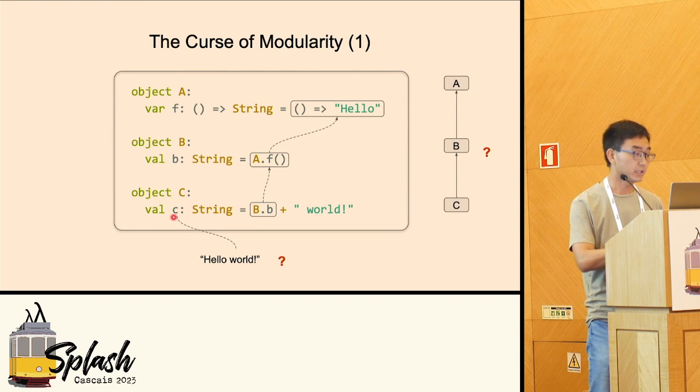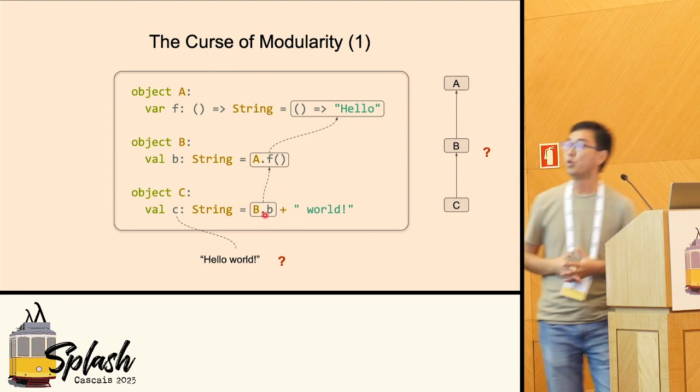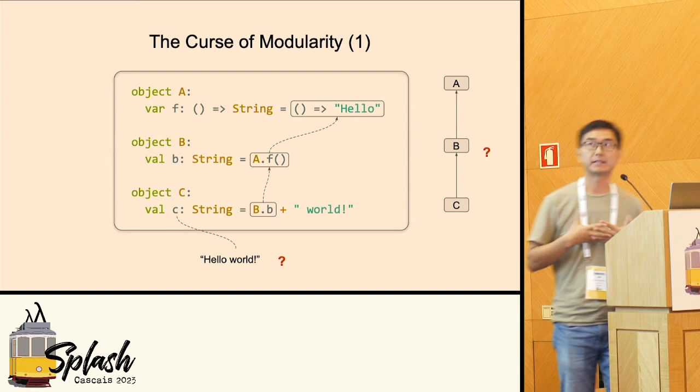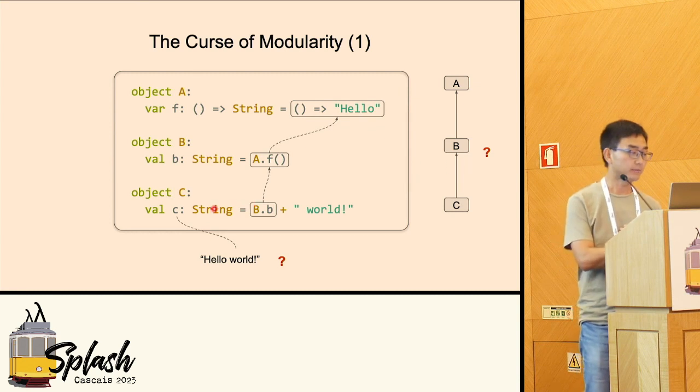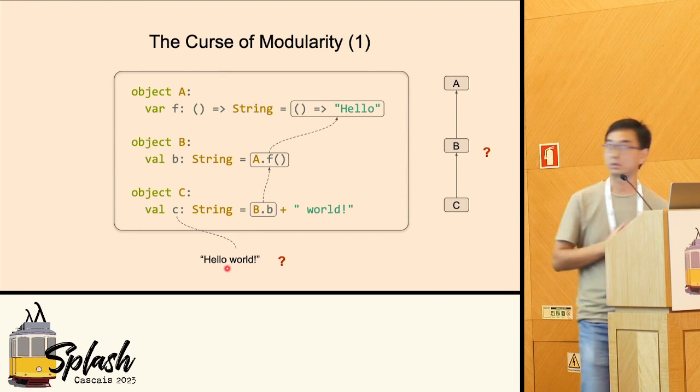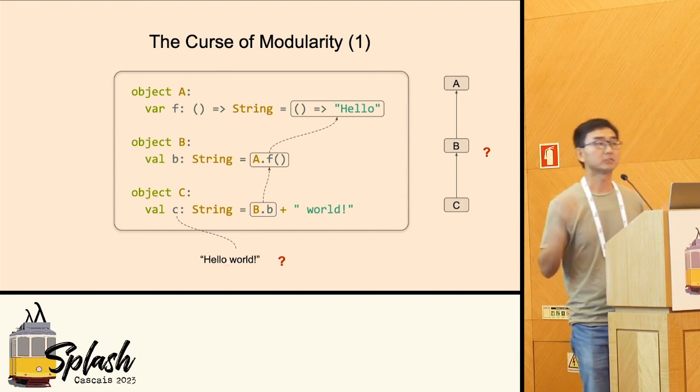And finally, in object C, there is a field c, which is initialized by appending world to the field b. We might expect that the initialization dependence graph looks like this. And at runtime, we might think that the field c holds the value hello world. But that's not necessarily true.